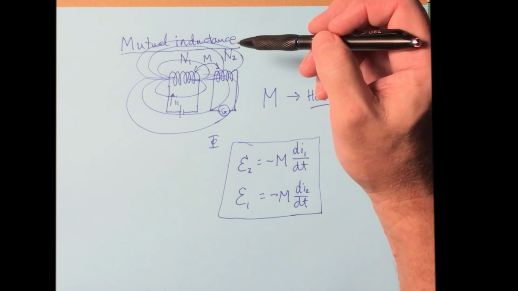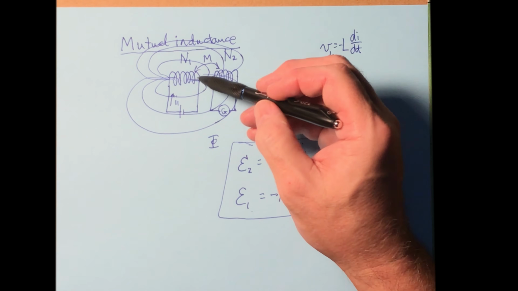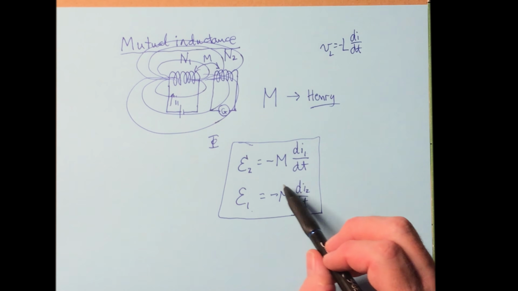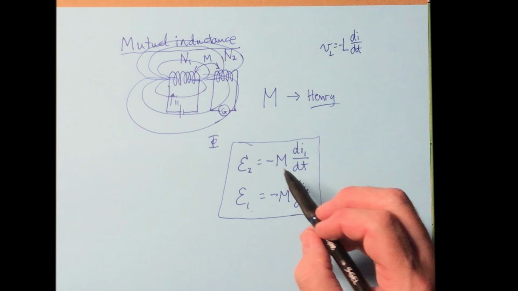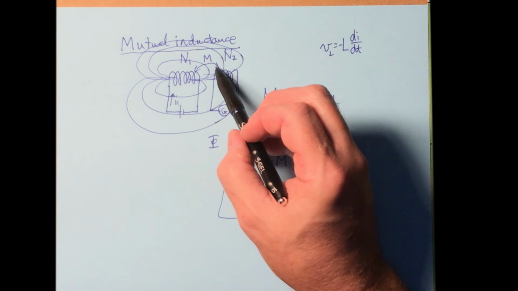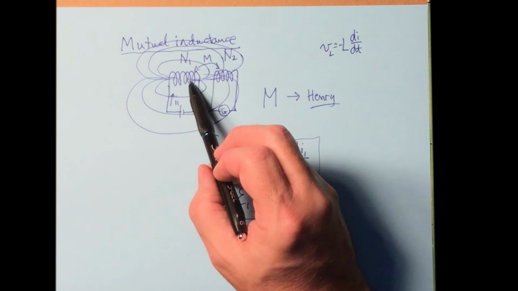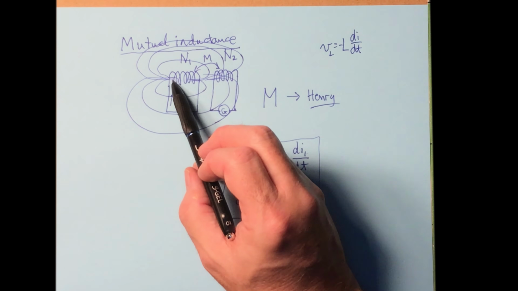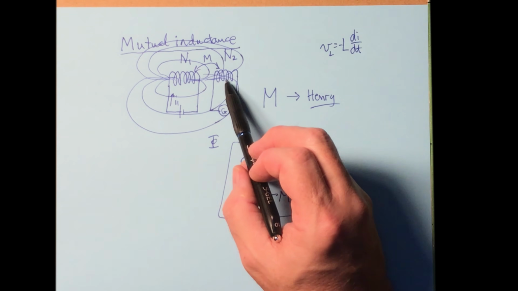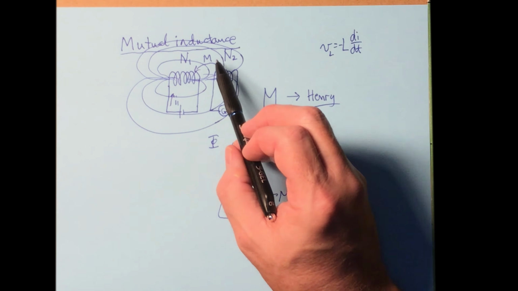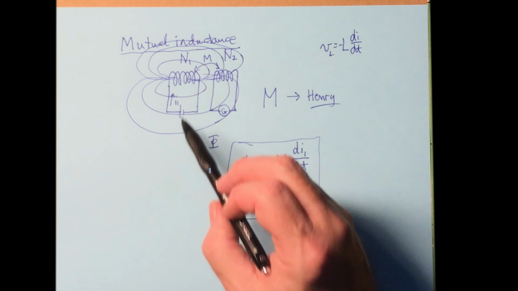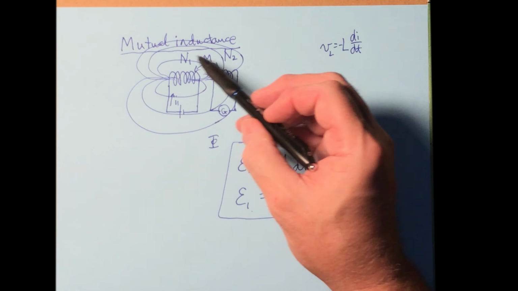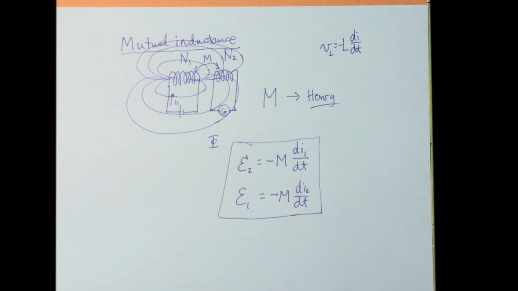And that will be an important role because when they're linked, you treat that as if there is just another inductor in the circuit because of that mutual inductance. So you would have an inductance due to this coil, this inductor. You would have an inductance due to this inductor, and then you would have an inductance due to the fact that they're coupled as well. And that will play a more important role whenever we start talking about circuits.